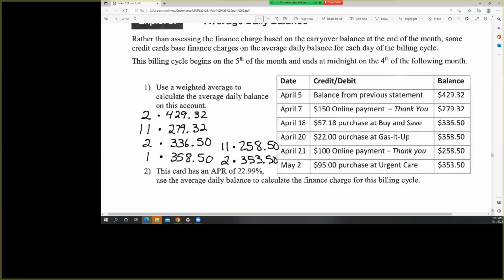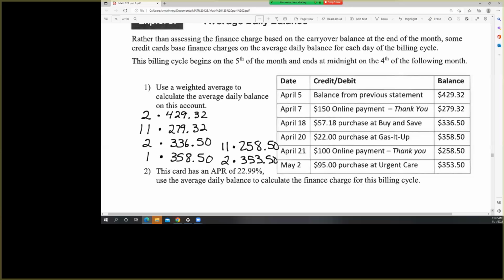So on April the 5th and the 6th, it was $429.32. The 7th through the 17th, it was $279, such and such. And then when we add that all up, we multiply them, add them all together.